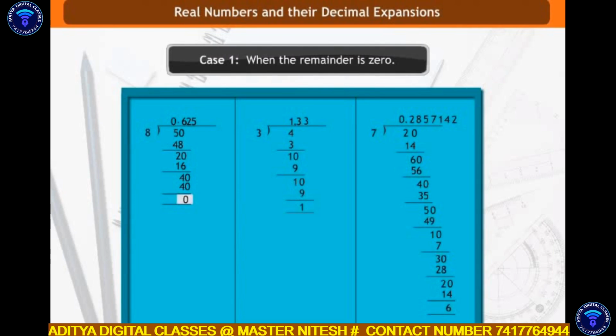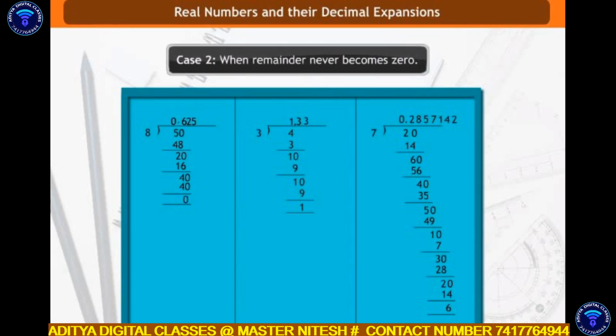Case 1, when the remainder is 0. In this case, the decimal expansion terminates after a finite number of digits after the decimal point. In the decimal expansion of 5 by 8, we can see that the remainder becomes 0 and the decimal number obtained is 0.625.